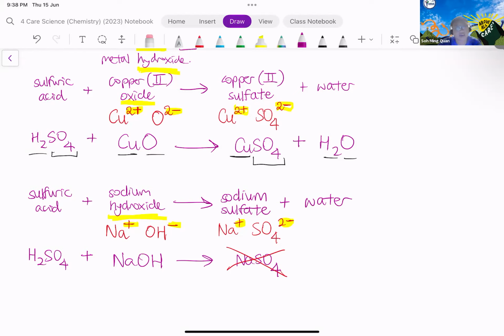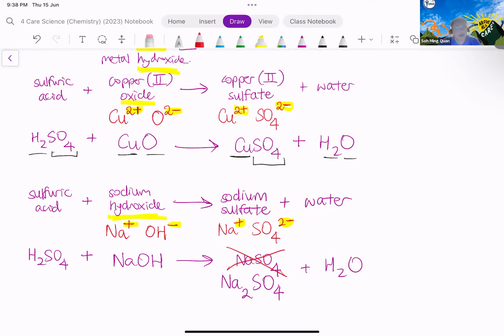It's quite obvious, right? Sulfate has a double charge, so you need twice the amount of sodium. 2 sodium, 1 sulfate: Na2SO4 plus H2O. You must write Na2SO4 correctly to get 1 mark. So don't rush. Count the charge, write the charges properly.